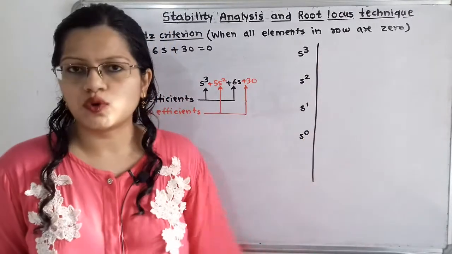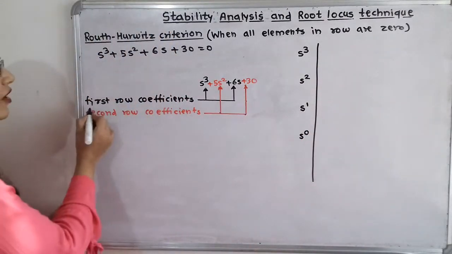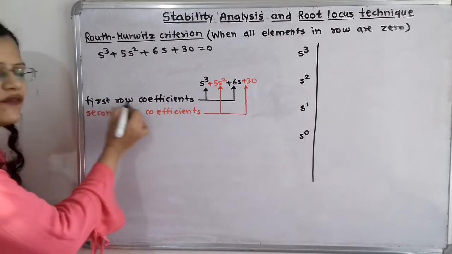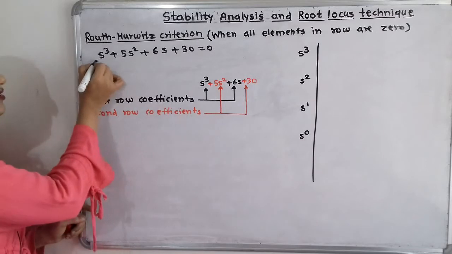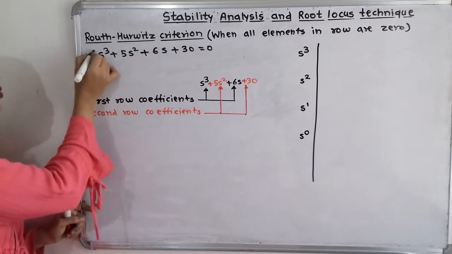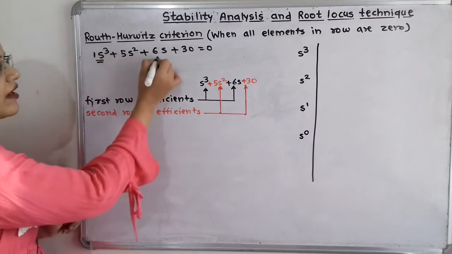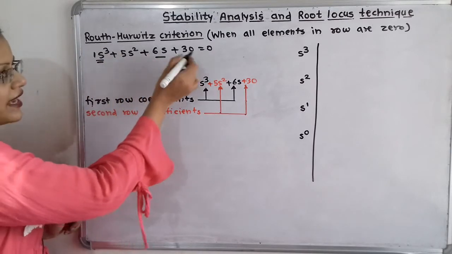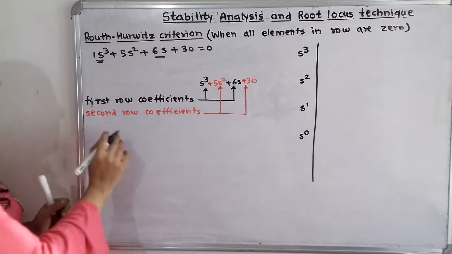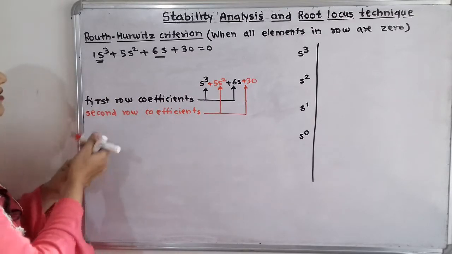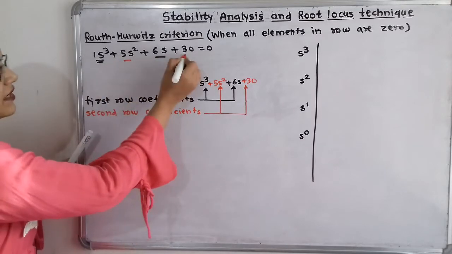For the first row coefficients, we select the first number, that is 1. Here no number is written, that means 1. So 1s cube. Then we take the alternate number, that is 6s, and only 6s is there. Now for the second row coefficients, we consider the second number and then the alternate, that is 4.